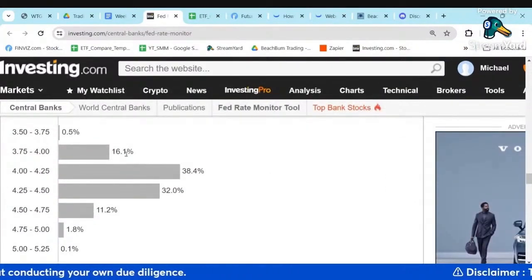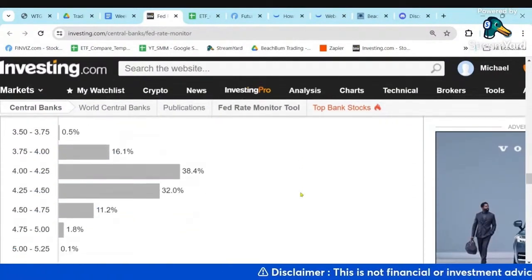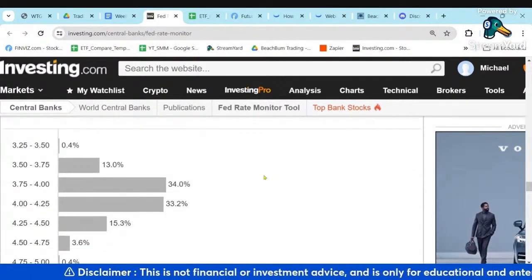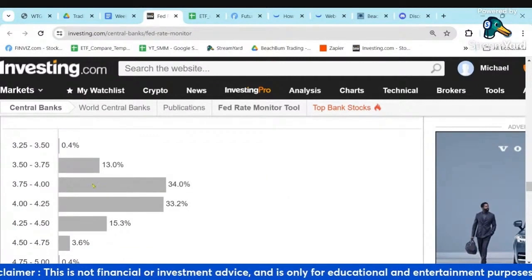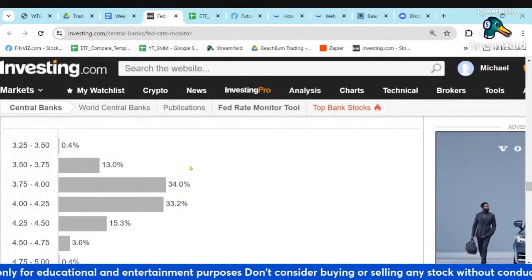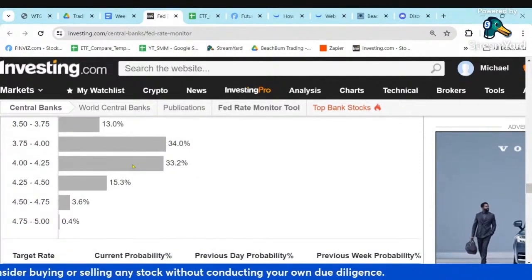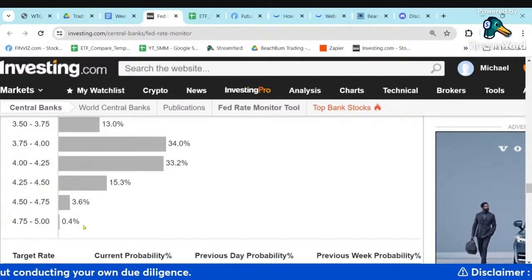So again, we now see more than a point cut in November, and by the end of the year, a pretty good probability of a point or more, so 4 or more cuts by the end of the year. And I think the 5 or 6 cut camp is as high as 13%. And almost a minuscule chance that they will not have cut by the end of the year.